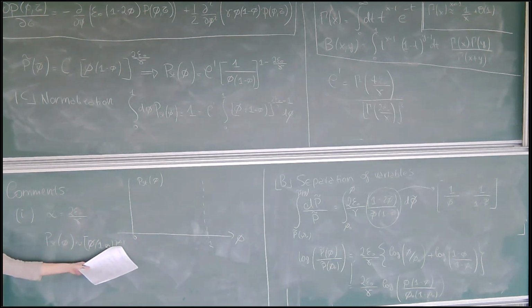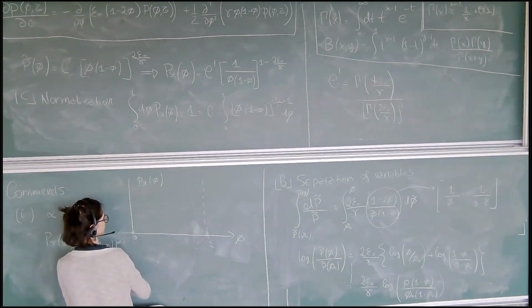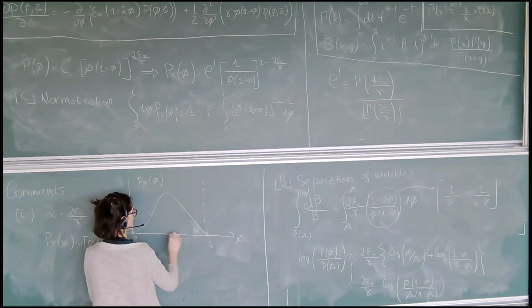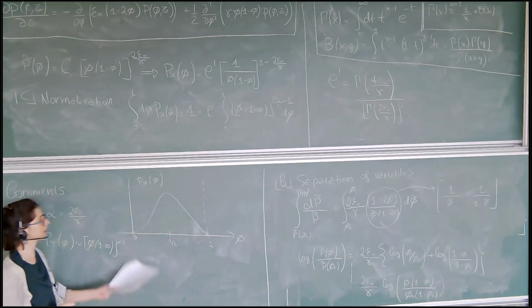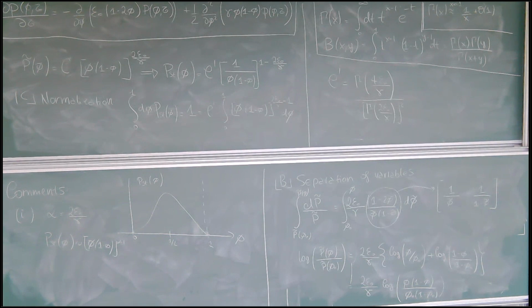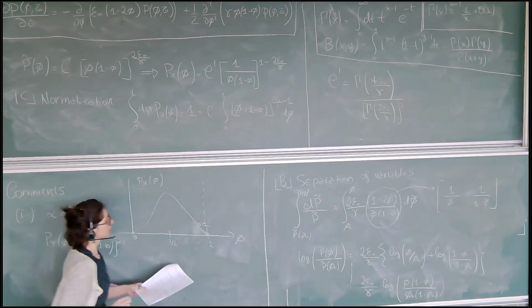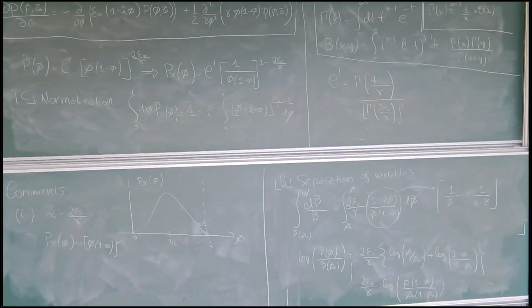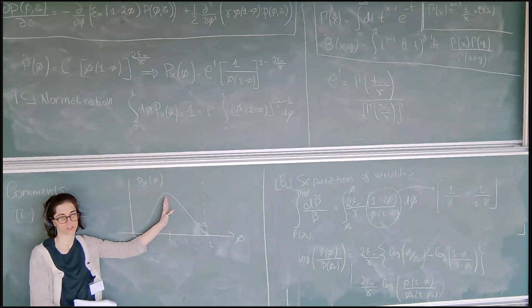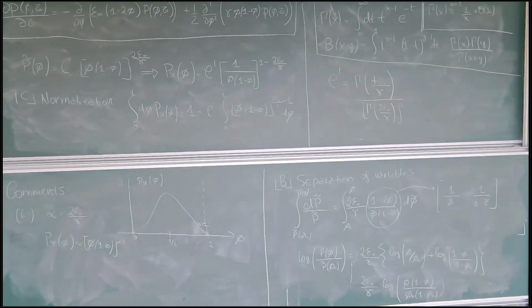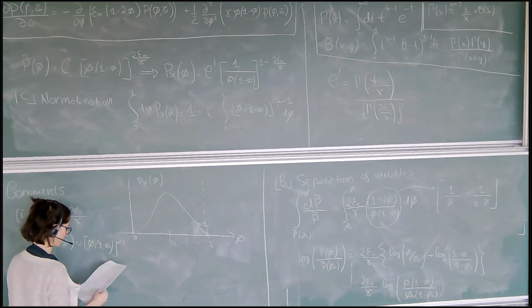So you see, if alpha is larger than 1, the exponent is positive. So you will have something which vanishes at 0 and 1, and which is symmetric with respect to 1/2 and has a maximum at 1/2. So you expect something like this, which means that if you think about your animals, half of those will likely go to the source A, half of those will likely go to the source B, and they will be more or less evenly distributed.